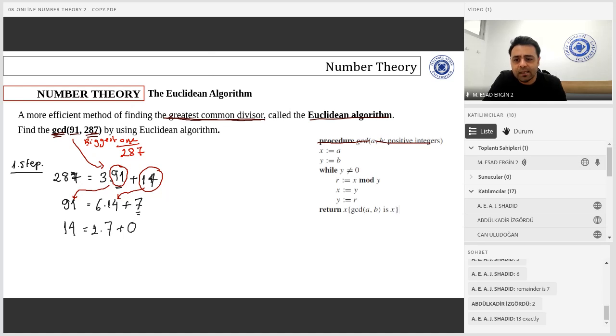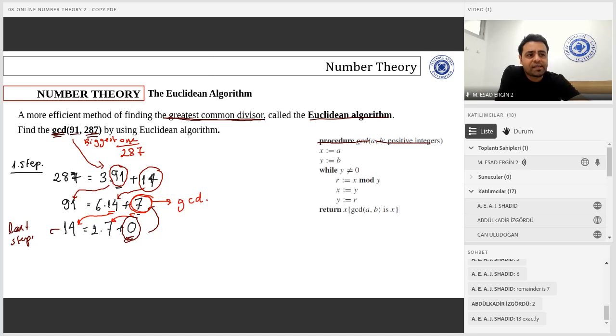Now this one comes to the left side and the remainder comes here. So here it's over. This is the last step, where you come up with the remainder 0. In the step before the last step, there is a 7. 7 will be our GCD, the greatest common divisor.